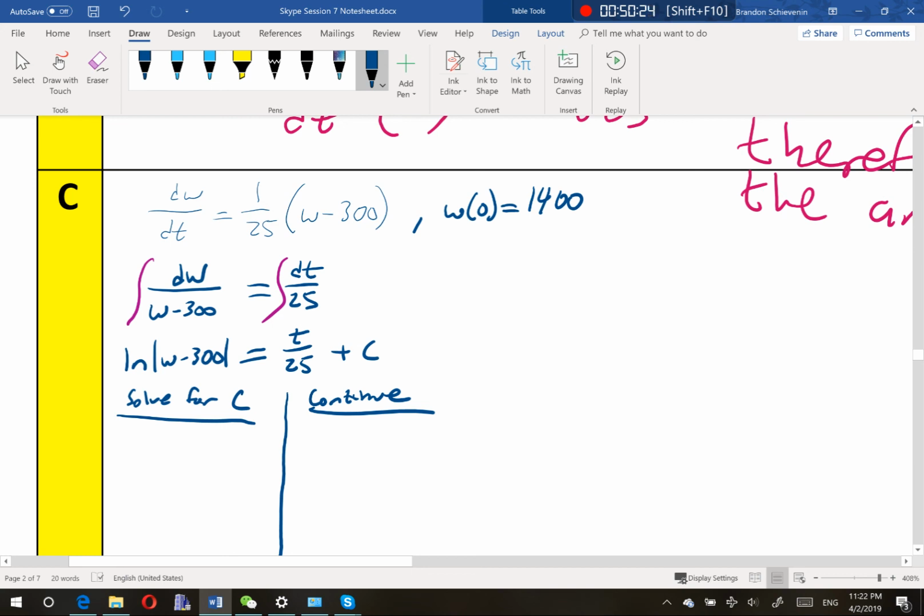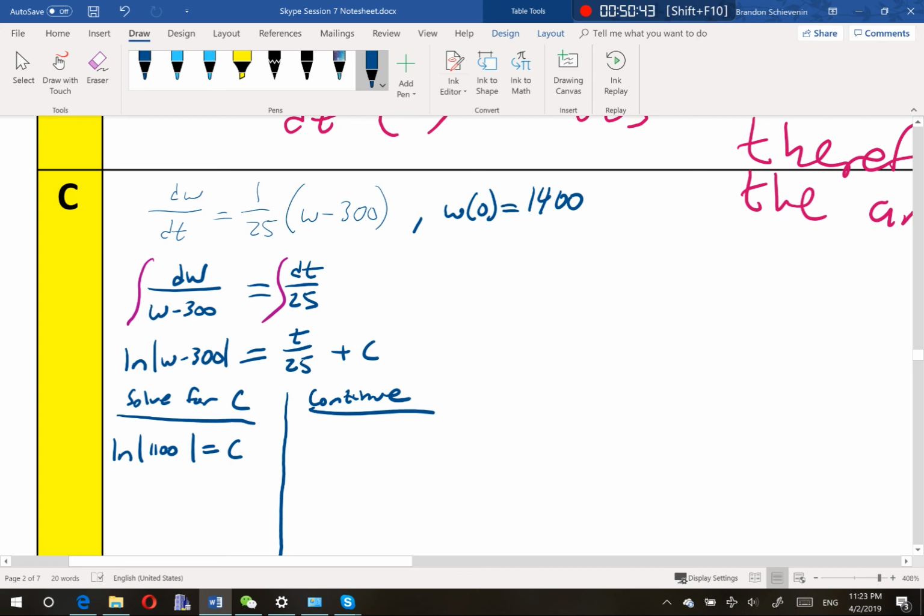So if I solve for c, I'm going to plug in t equals 0, and w equals 1400. So this will be the natural log of 1100 is equal to 0 over 25 plus c. So c is the natural log of 1100.